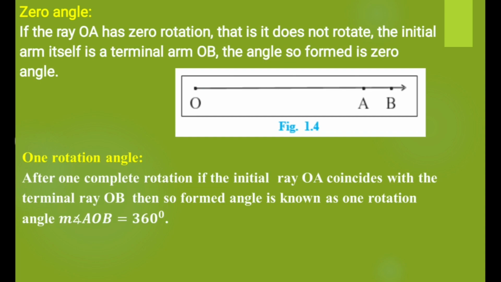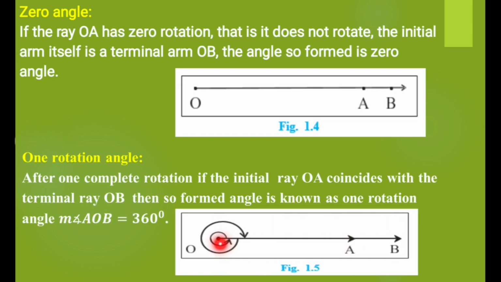That means after completing one rotation, we always consider the angle as 360 degrees. So see this diagram. You can measure clockwise or anti-clockwise, but you know the procedure. When we measure anti-clockwise, we write the angle as plus 360 degrees. When we measure clockwise, we write the angle as minus 360 degrees.